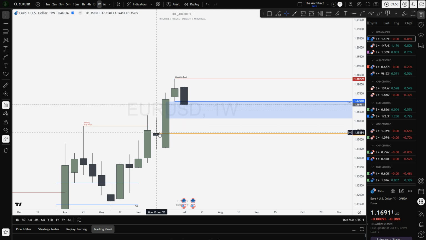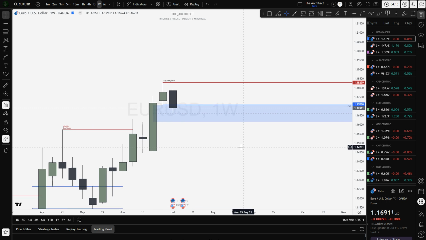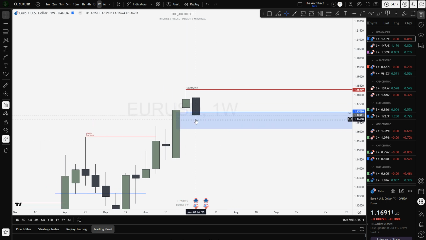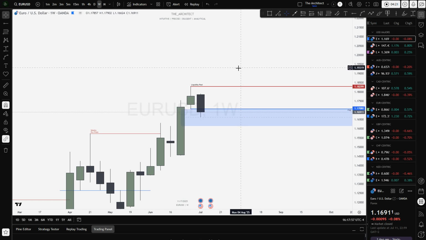And if it reaches this order block, then we want to look for confirmation, etc. There's also another area of support over here, which is our redelivered rebalance price range. We'll hold off on EURUSD for quite some time until we get a clear understanding of what's most likely going to happen. But at the moment, we are at an internal range, so we want to see the market draw towards external in this week's trading.